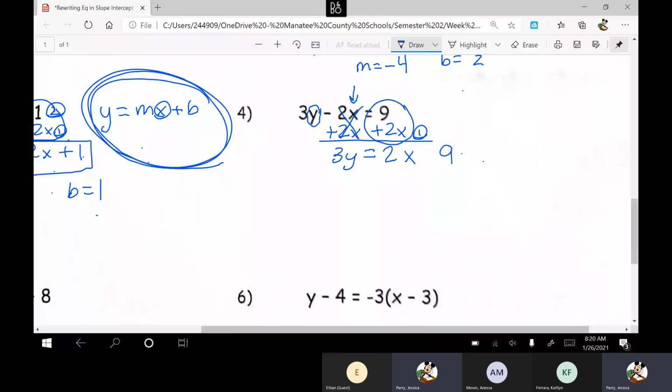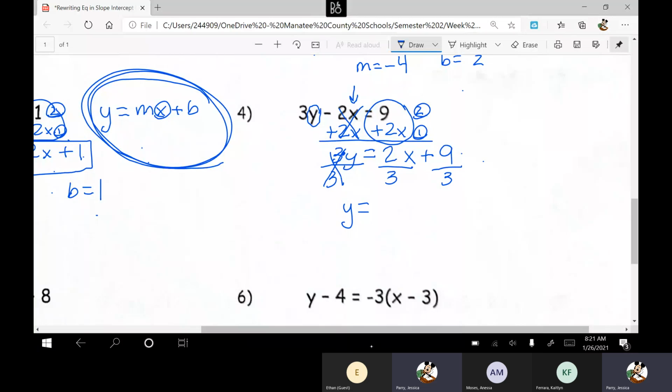And let's keep on going. We need to get rid of that 3. We know we can read this as 3 times y, so I'm going to do the opposite. Divide by 3 on both sides, and then just split it up on the right side. So these 3's cancel out. Then we have our y equals.